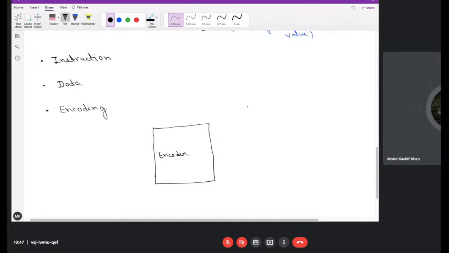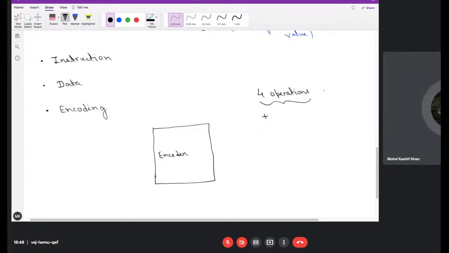Now suppose for example, we have four type of operations. Suppose one is addition, one is subtraction, one is multiplication, and one is division. I'm just taking an example. Now you have four operations.